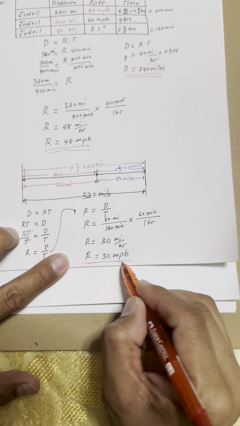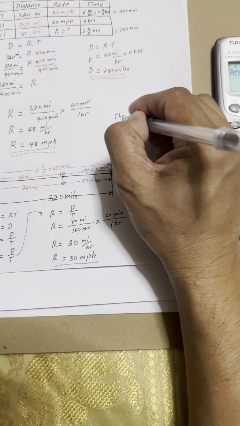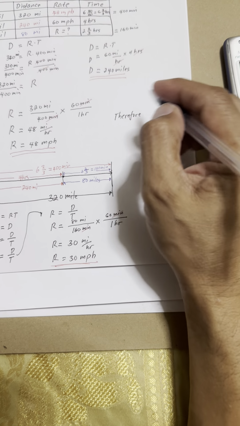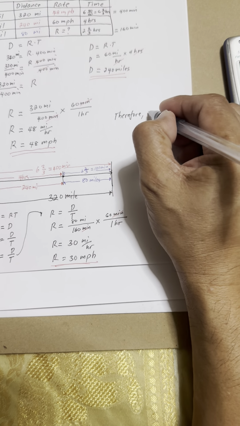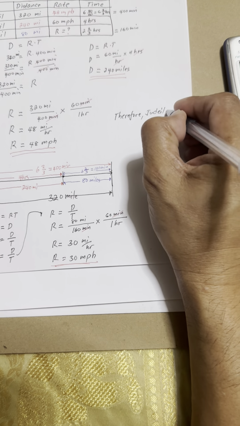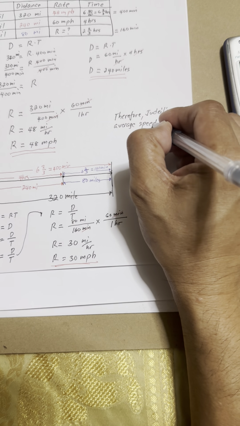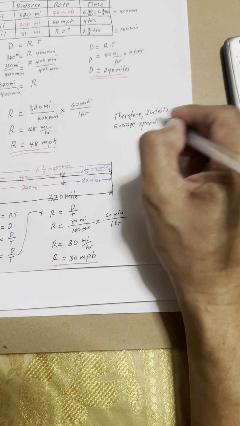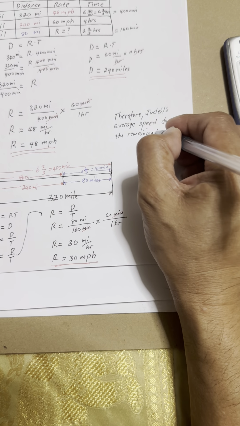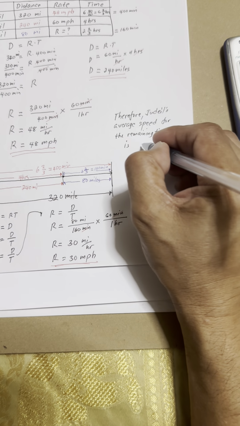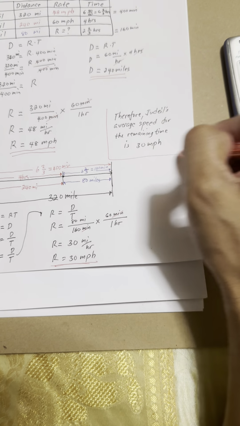Okay, so therefore, Judel's average speed for the remaining time is 30 miles per hour.